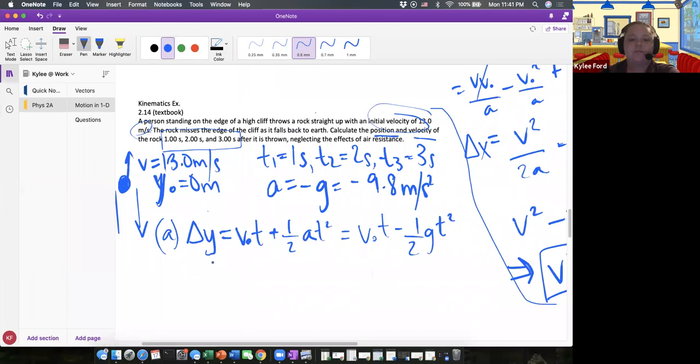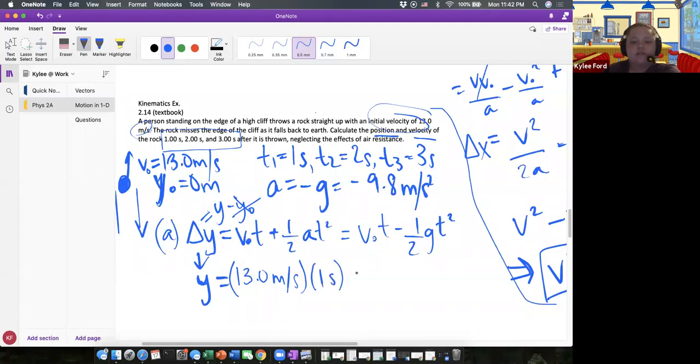Given that our y naught is 0, I can just make this y, because this is typically y minus y naught, and if that goes to 0, then it's just y. So we have our y, which is our position, equals v naught, our initial velocity of 13.0 meters per second, times our first time, which is 1 second, minus 1/2 times g.